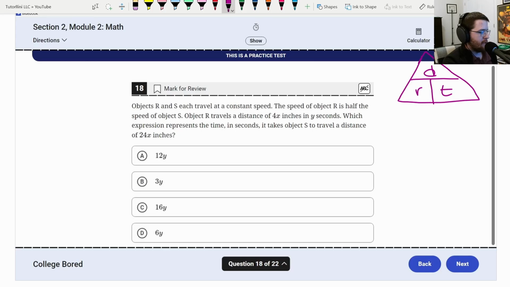we are going to find first the speed, the rate of object r. So that is equal to d over t. And they tell me that object r travels a distance of 4x inches in y seconds. So that means the rate of r is equal to 4x over y, distance over time.